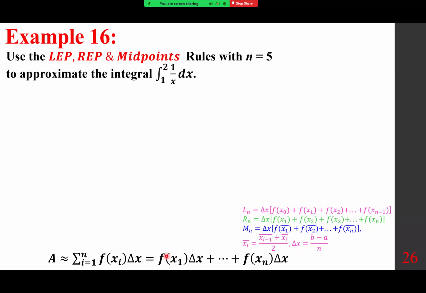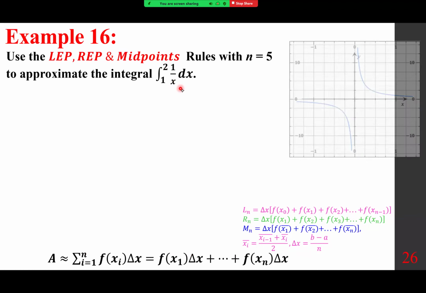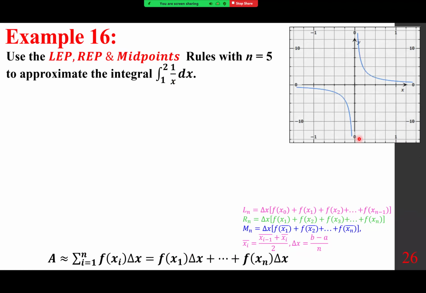So first and foremost, we want to graph the function. The function is 1 over x. We're going to graph that, which you remember looks like that. And we are interested in from 1 to 2. So the function is 1 over x. a is 1, b is 2.